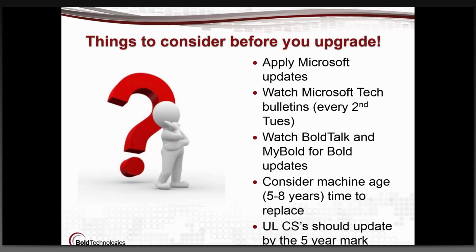In addition, review the hardware warranties, which are usually 5 years unless you have something different. That is a good time to budget and replace those machines, right around the time the warranty is running out. And especially for UL sites, 5 years really should be a target date to begin replacing hardware for those sites that are UL or ULC certified as well.